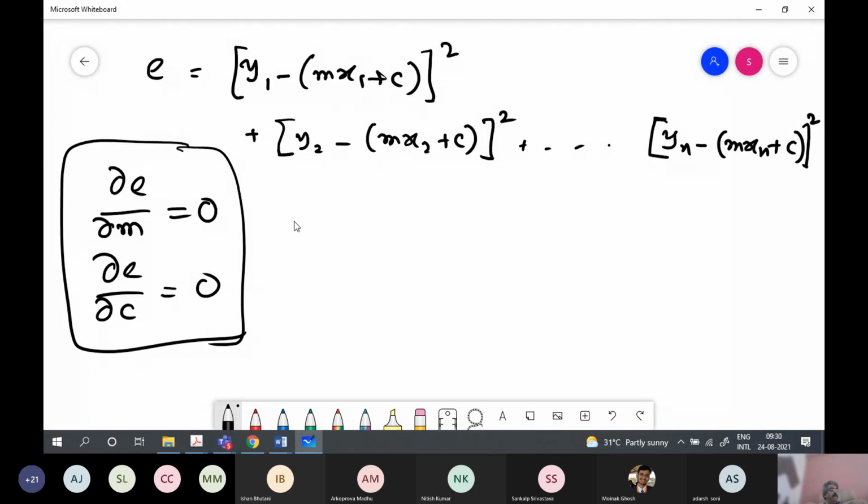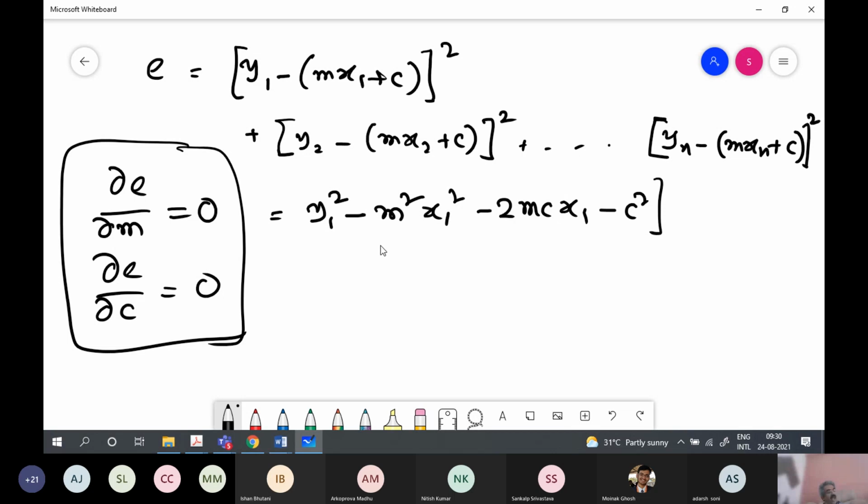So what do you get here? You will get y1 square minus m square x1 square minus 2mc x1 minus c square. This is one equation.